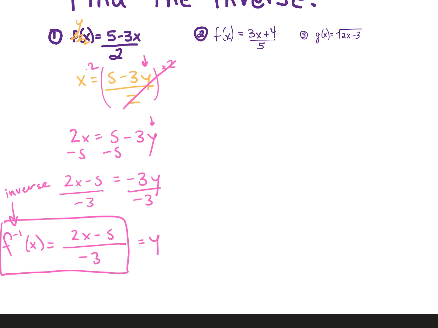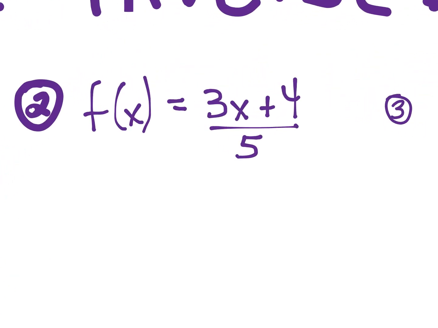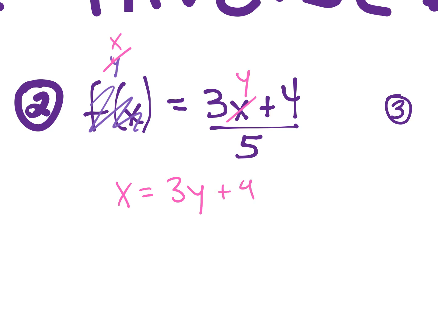All right, let's take a look at 2. So again, we're doing the same thing to find the inverse. We're going to flip our x and y. So I'm going to make this y an x, and I'm going to make my x a y. So I'm changing this to be x and changing this one to be y. So x is equal to 3y plus 4 over 5. Now I'm going to solve for y.